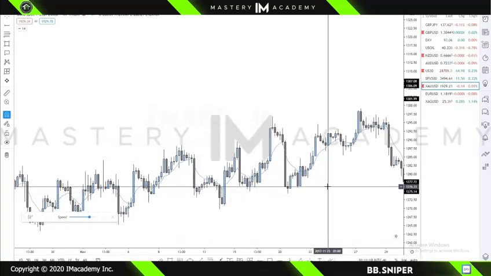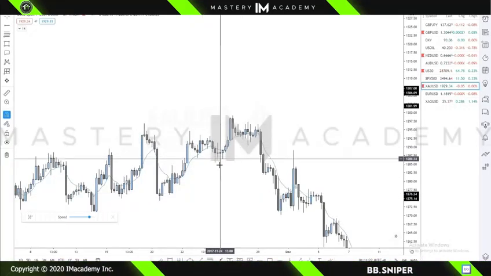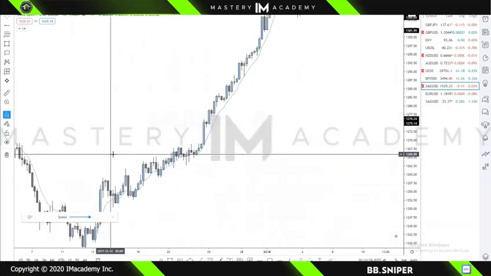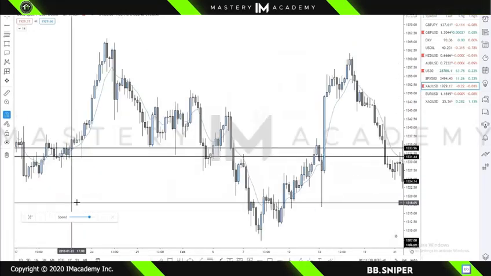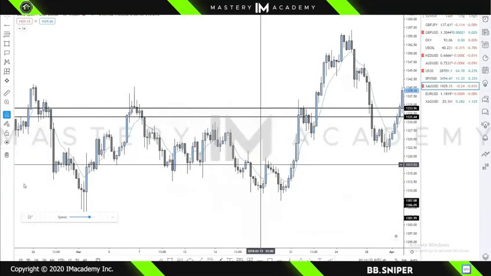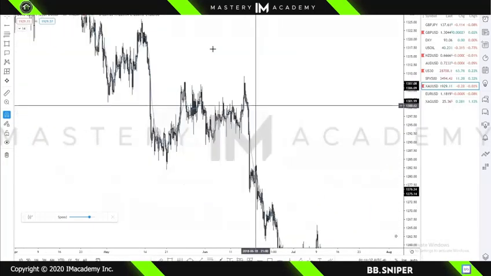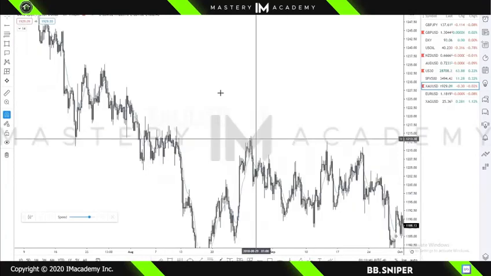So if we have at least one of these, it does qualify as a candle that I personally would take. Now, we're going to briefly touch on having multiple. If we have one of these, it is a high probability institutional candle.